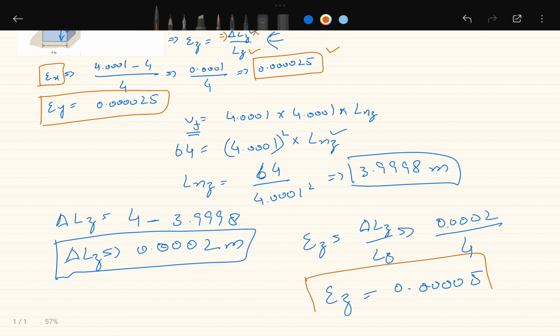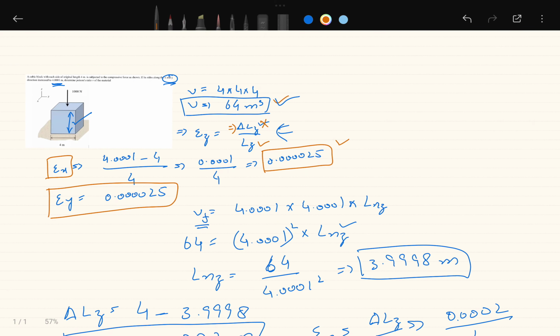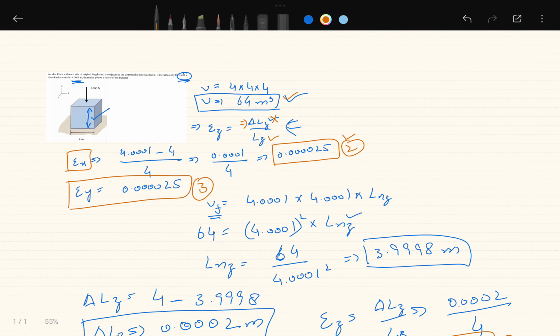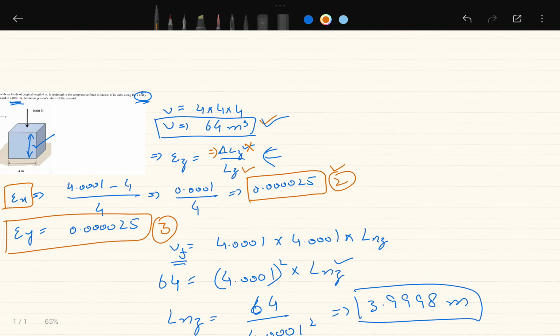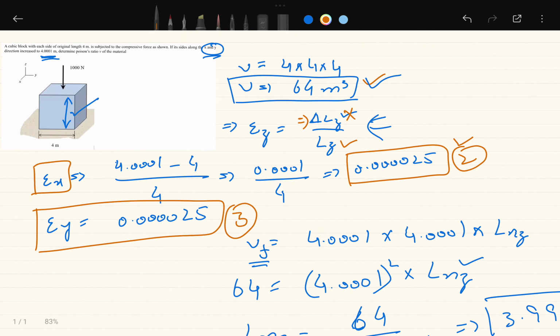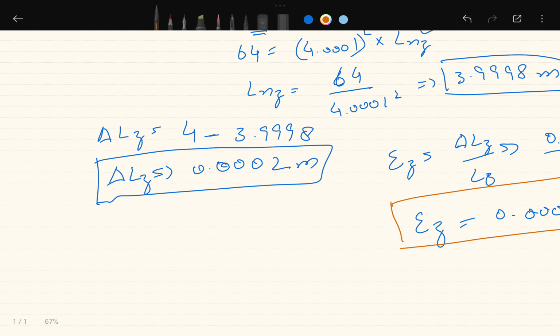Now we know all three strains. We know the strain in the longitudinal axis, the strain in one lateral axis, and the strain in the second lateral axis. And we can go on and calculate the Poisson's ratio, which is very simple now. The Poisson's ratio is given as the lateral axis strain, x or y, whichever you want to take, divided by the strain in the longitudinal axis, and it is also equal to the strain in the second lateral axis divided by the strain in the longitudinal axis.